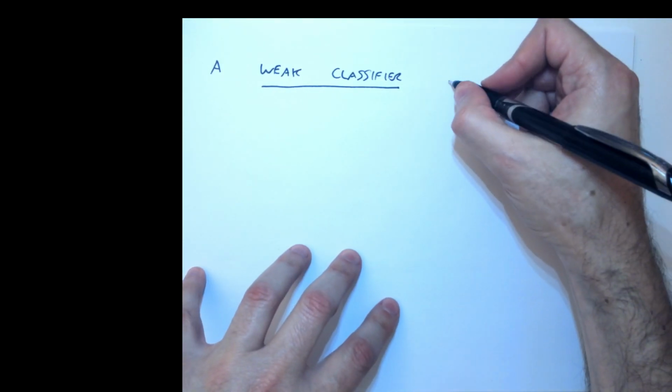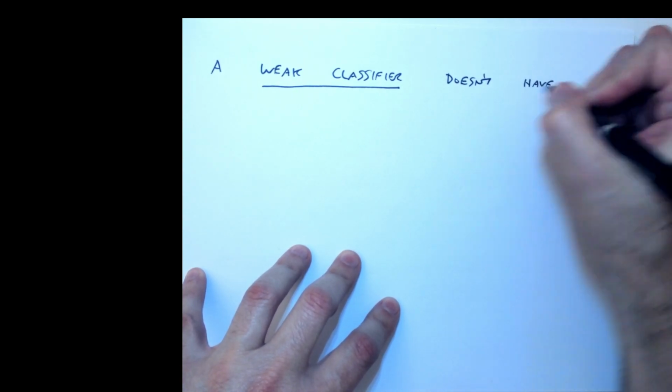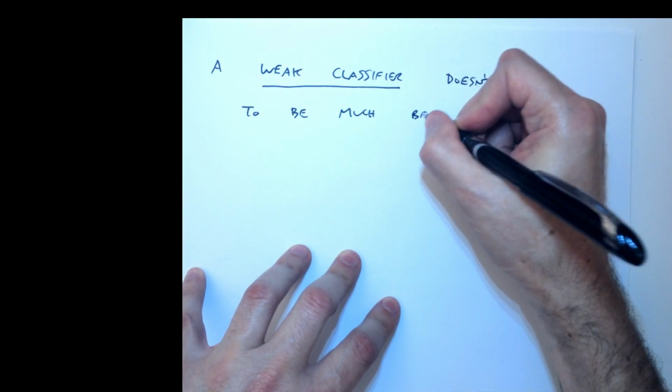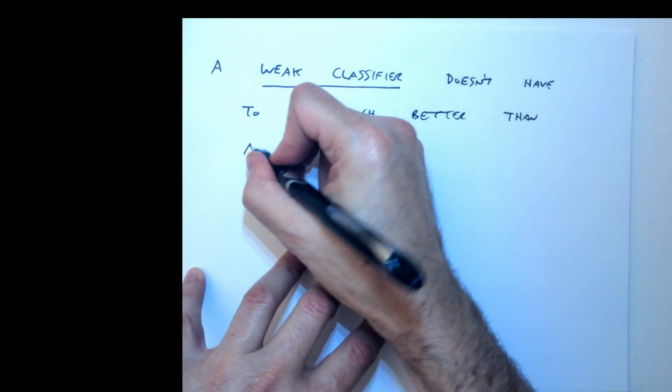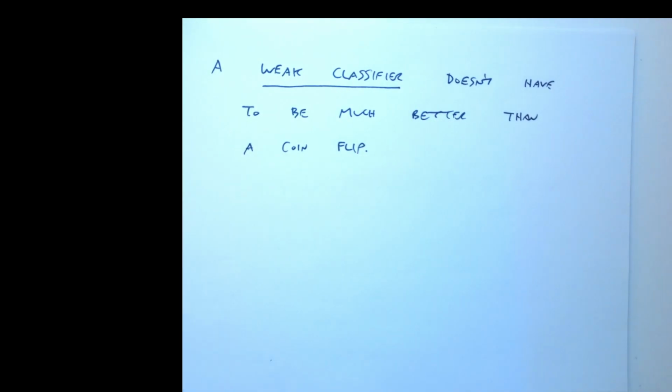So a weak classifier, the way I would say it, doesn't have to be much better than a coin flip, is one way to think about it, right? So suppose I'm doing binary classification. I could try to design, by growing the tree to a great depth, a classifier that had like 99% performance, which would be a strong classifier on the training data, but it would probably be way overfit, right?